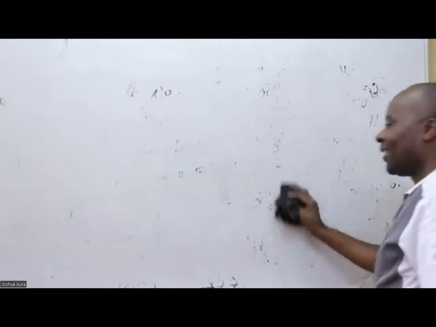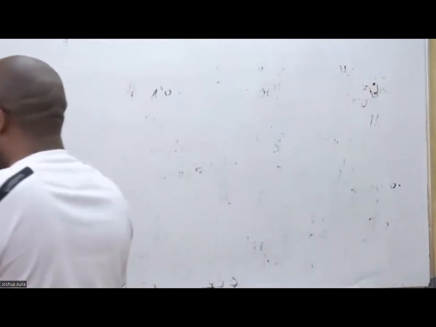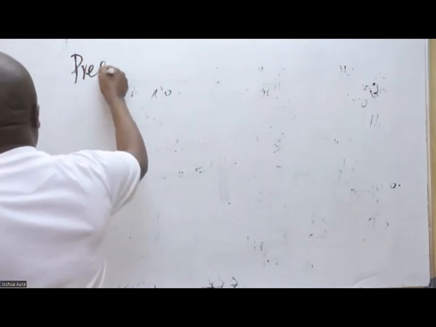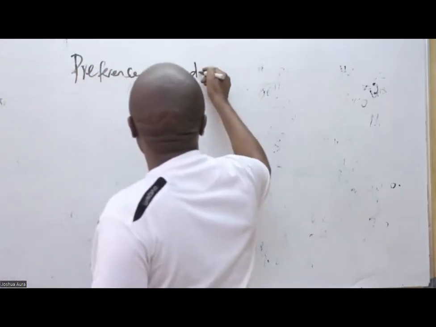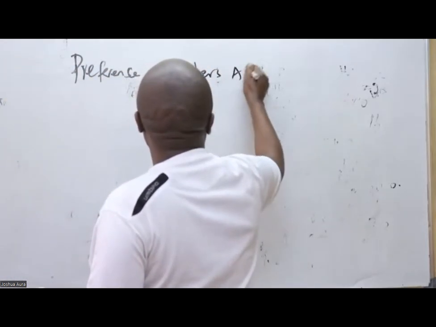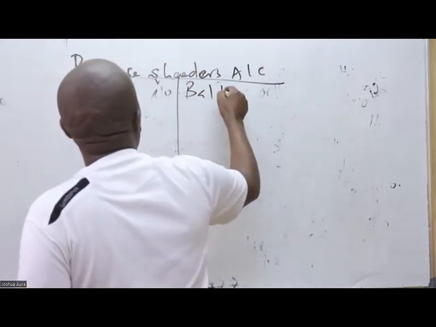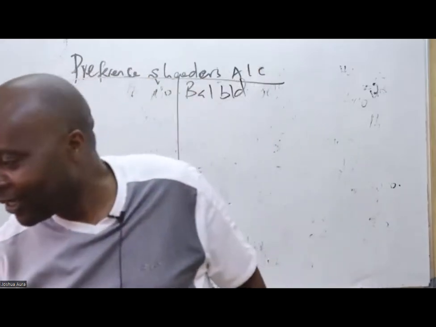So then we have here our debentures. Not debentures, preference shareholders account. So please come here and give me the balance brought down from the preference shareholders to Kondani.